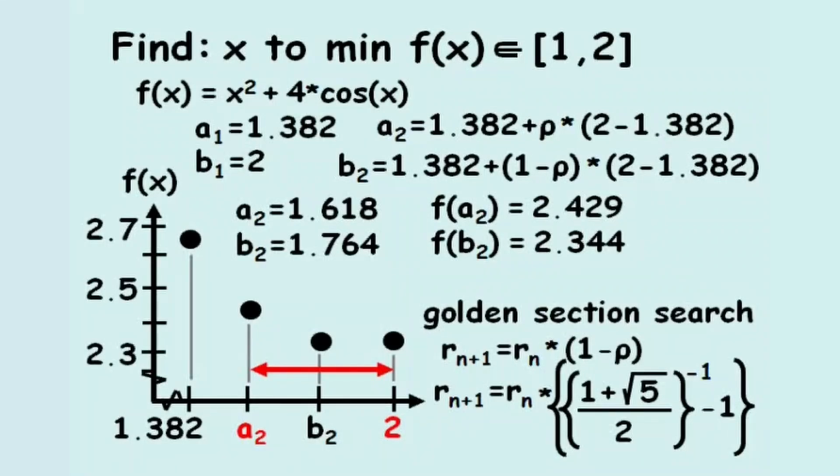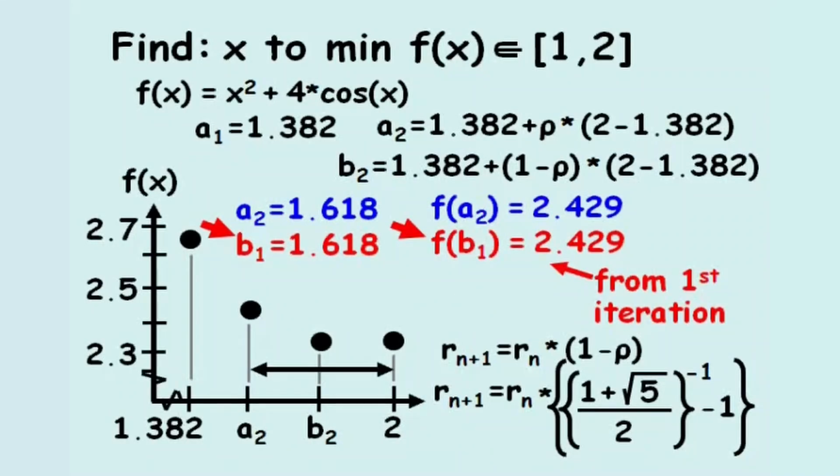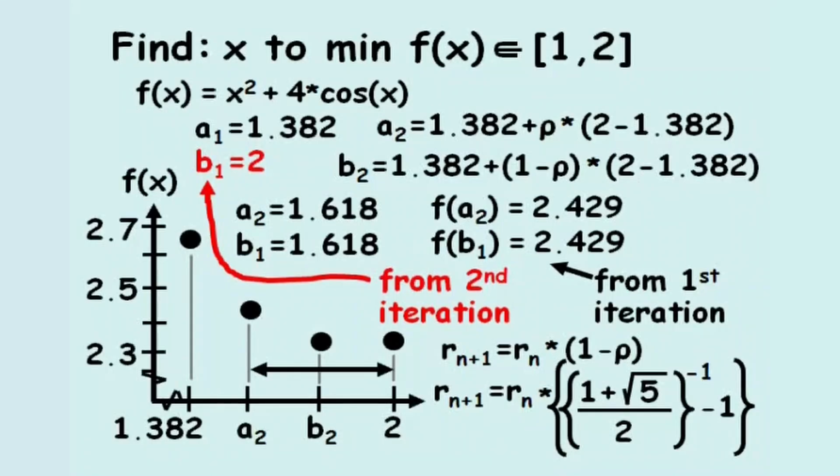But before we do, I'll point out that one advantage of the golden section search is that our value of a2 and f of a2 in the second iteration are the same values as b1 and f of b1 from the first iteration, before we assign b1 to equal 2, which occurred at the beginning of the second iteration.